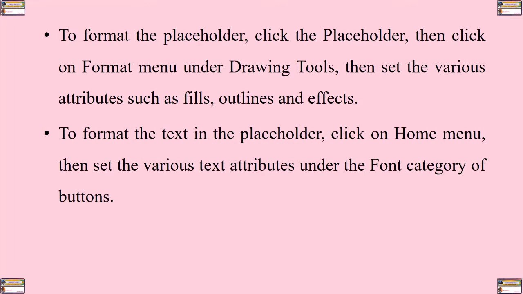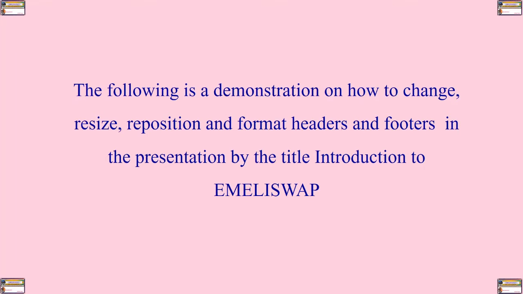To format the text in the placeholder, click on the Home menu, then set the various text attributes under the font category of buttons. The following is therefore a demonstration on how to change, resize, reposition, and format headers and footers in our presentation titled Introduction to MLSWAP.